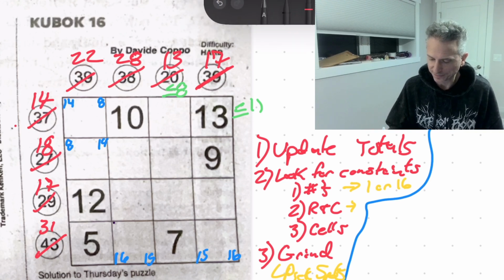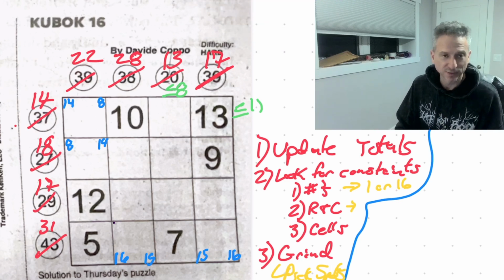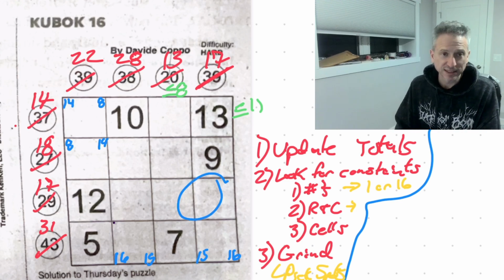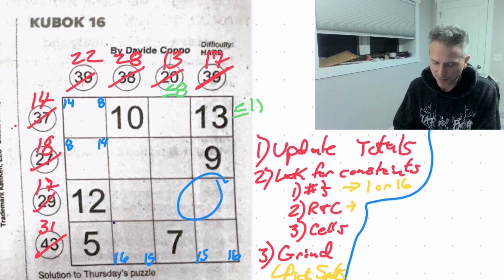So now, let me get caught up here. Now, what else is constrained? Well, I'll tell you what else is constrained. This cell right here, okay? So this is 2, 3, and 3 kind of intermingled. But what can this be?